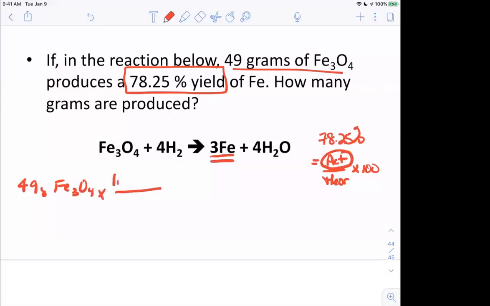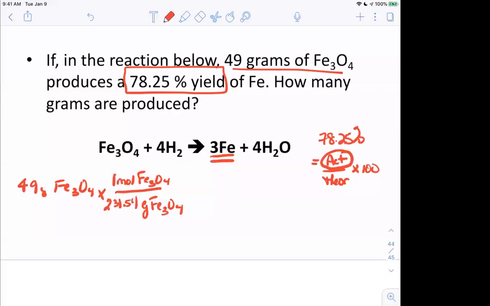For every 1 mole of Fe3O4, I have, let's see, 3 times iron, which is 3 times 55.845 plus 4 times 16, I get 231.54 grams of Fe3O4.